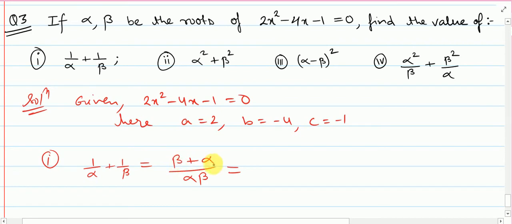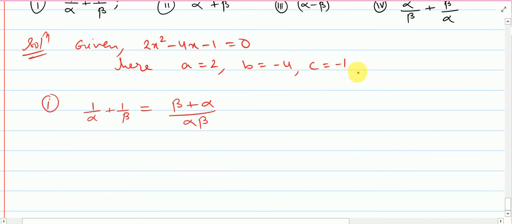Here beta plus alpha will be how much? Minus b by a. Let's do one thing before we proceed. Write this: alpha plus beta will be minus 4 by 2, minus b by a. So minus 4 and this, we'll get 2, and alpha into beta will be c by a, that means minus half.